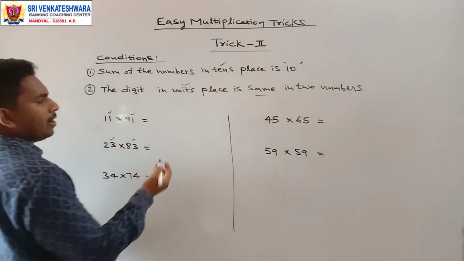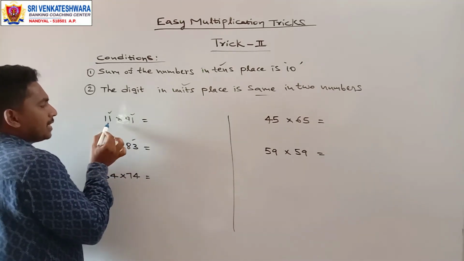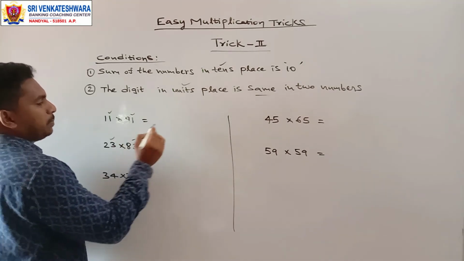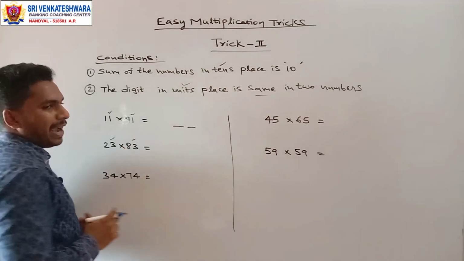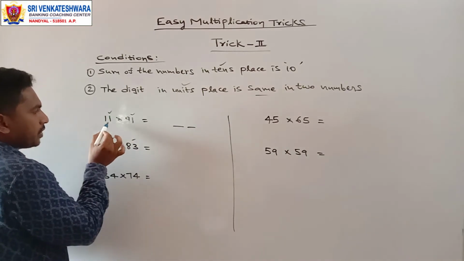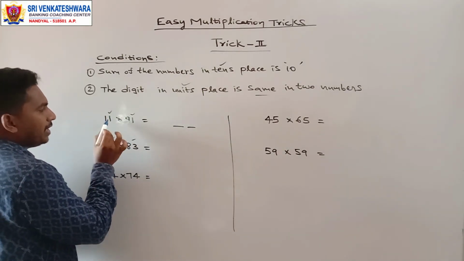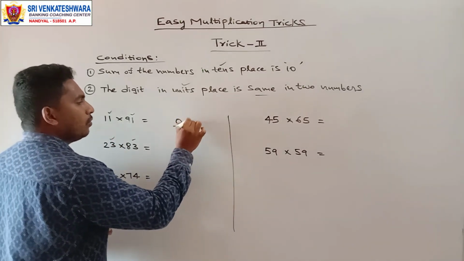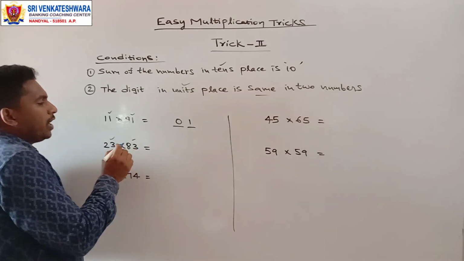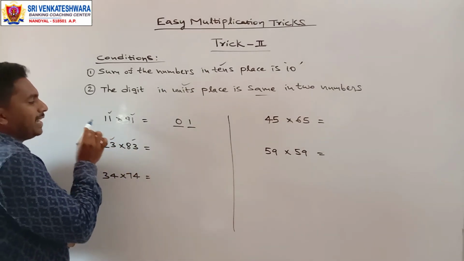As usual, first you find the product of the digits in units place. Just draw two blanks. Now multiply the digits in units place. 1 into 1 is 1, but you have to write it as 0, 1. Now you have to find the product of the digits in tens place.